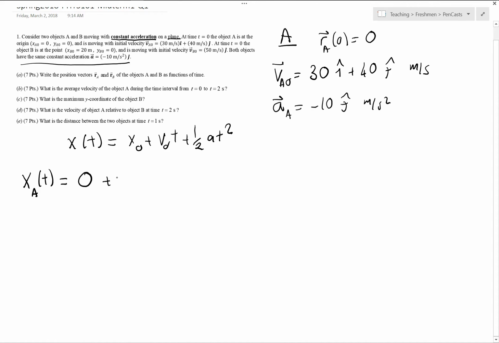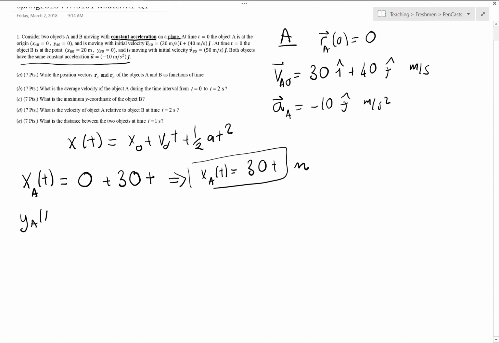Its initial velocity is 30 meters per second along the x direction, and it has acceleration 0 in the x direction, so that's great. xa of t is 30t meters as a function of time.